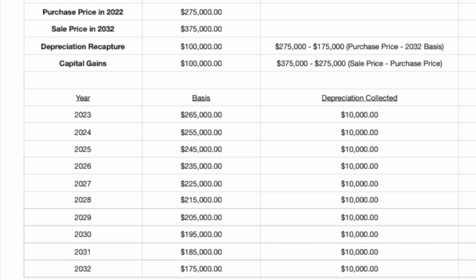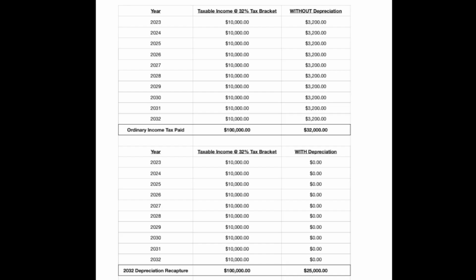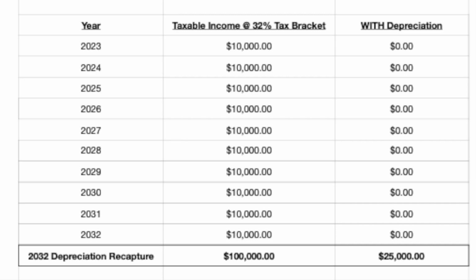So this $100,000 will get taxed at your ordinary income rate with a cap of 25%. If you are in a bracket higher than 25%, let's say 32%, you would end up saving about $7,000 from just the tax percentage. 25% of $100,000 is $25,000 at the end of 10 years.